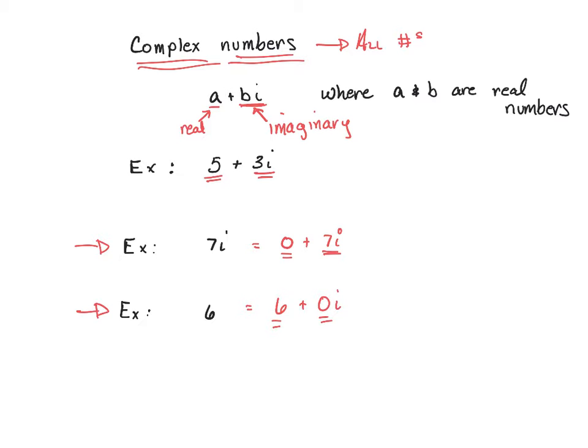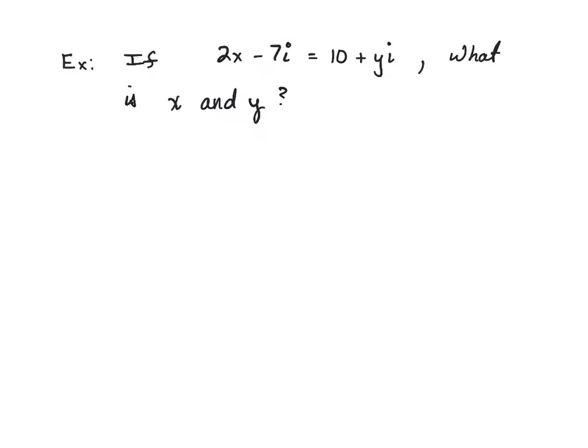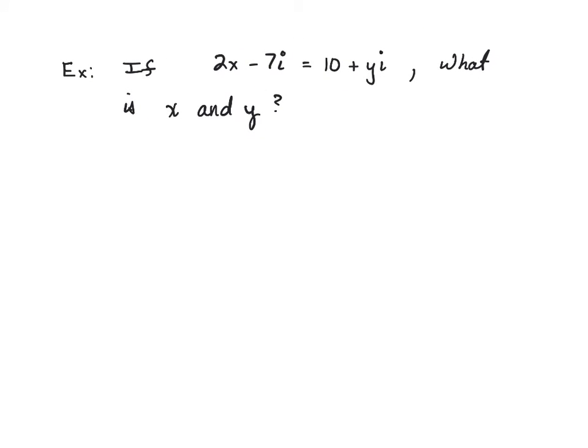But let's go ahead and use this idea that numbers have a real part and an imaginary part, which makes them complex numbers, and let's utilize it to solve a problem like this one. If here is a complex number equals this, looks like it's complex as well, what are x and y?